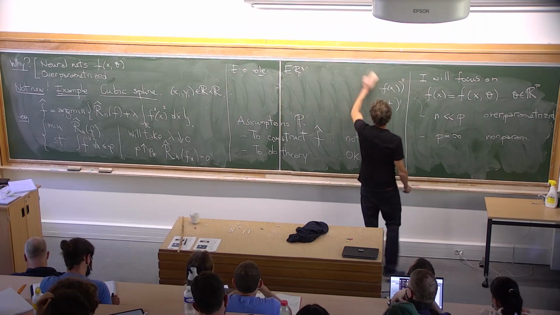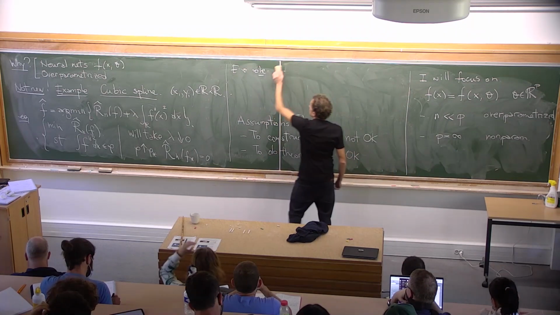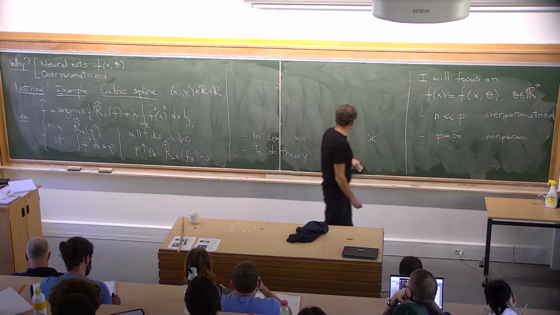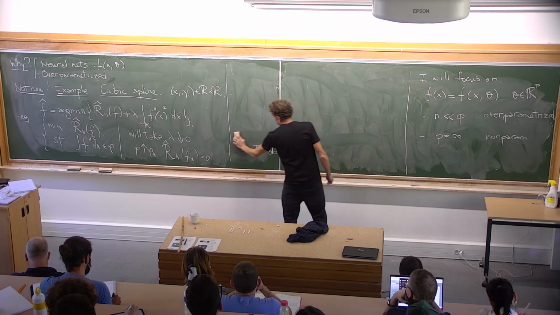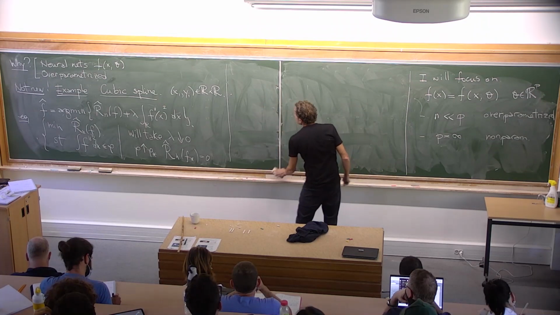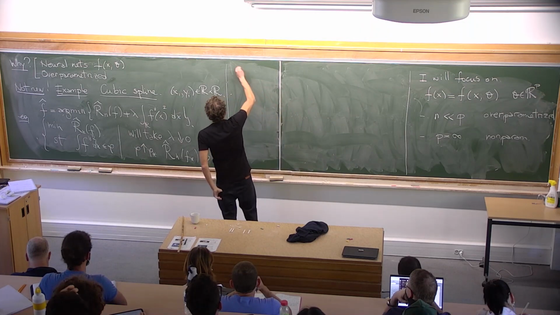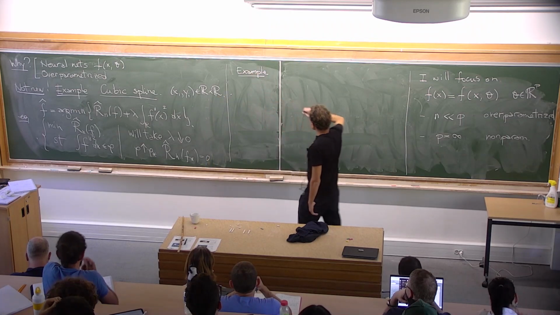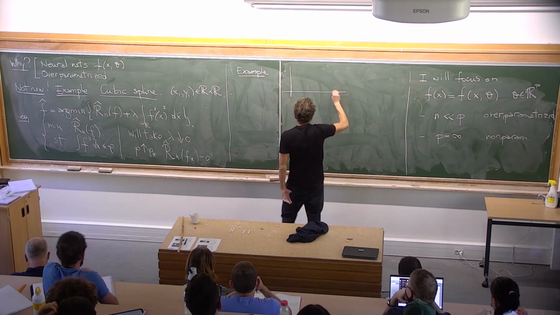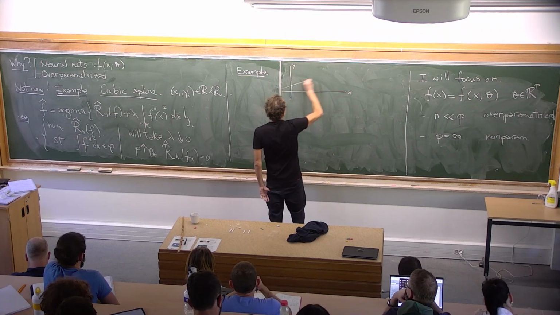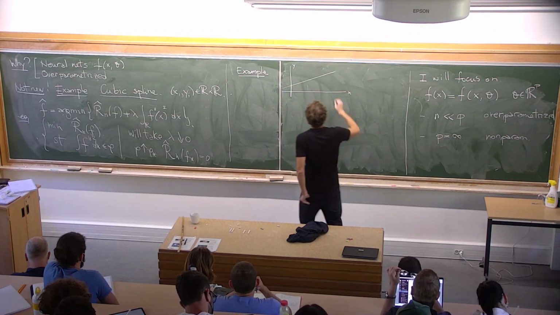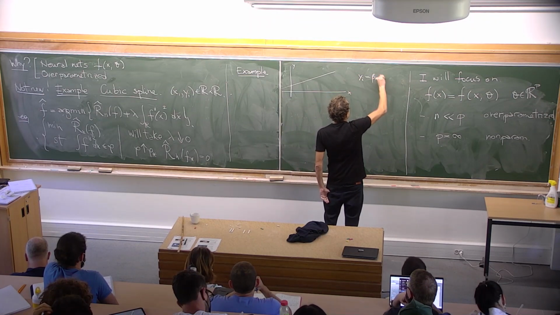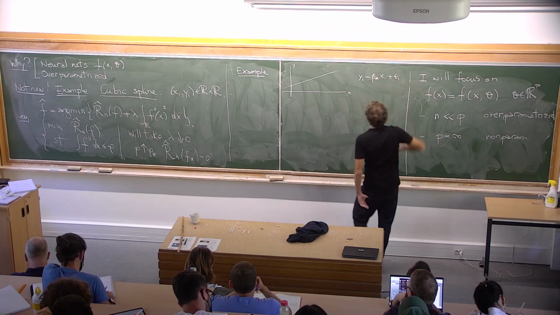So what does this give in the spline context? Suppose that you have data points that are equal to some coefficient times x_i plus epsilon_i, where epsilon_i is noise.